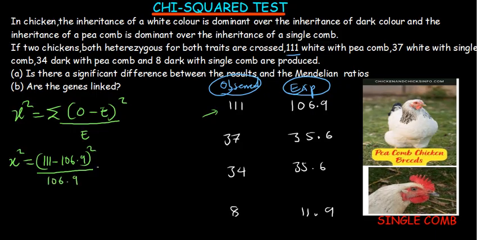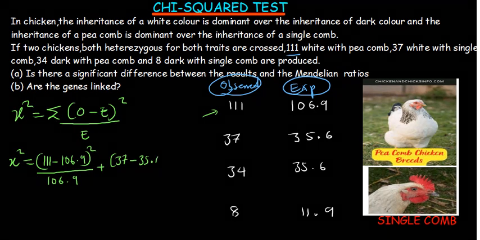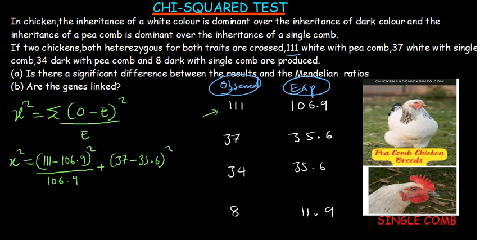Plus, the next one, observed 37 minus expected 35.6, we square that, divided by the expected, which is 35.6. Plus, the next, observed 34 minus expected 35.6, square that.